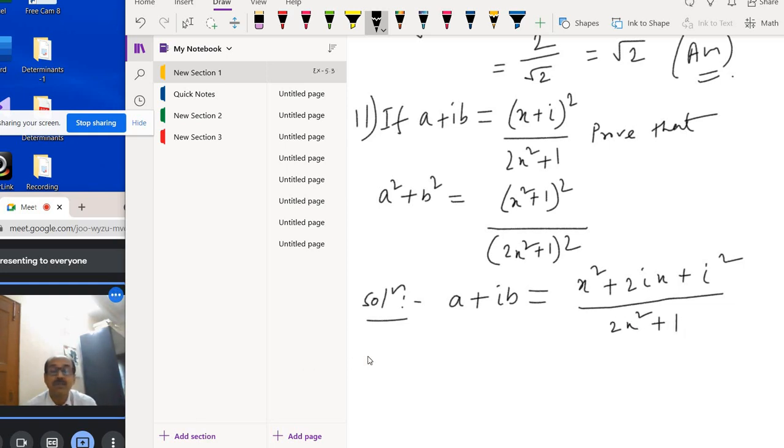Then a plus ib equal to x square plus 2xi minus 1 by 2x square plus 1. x square plus 2ix, i square is minus 1, so minus 1, divided by 2x square plus 1.